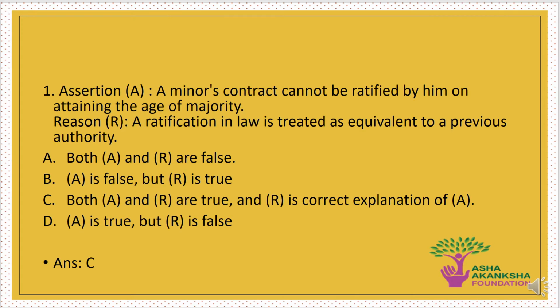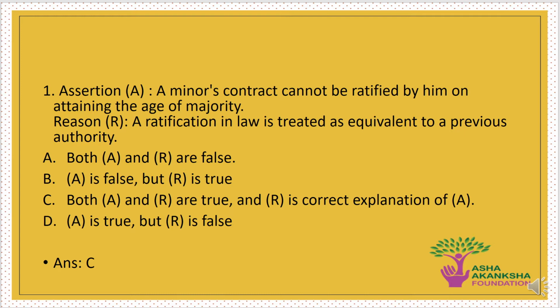Question is, choose the best combination from the options given below. The assertion is a minor's contract cannot be ratified by him on attaining the age of majority. The reason is a ratification in law is treated as equivalent to previous authority.